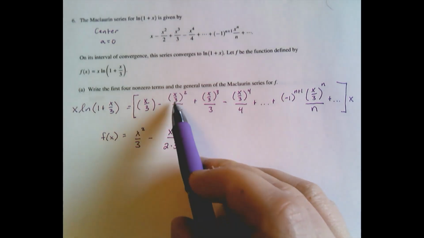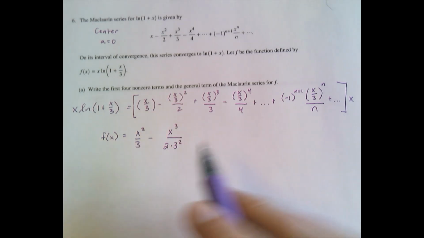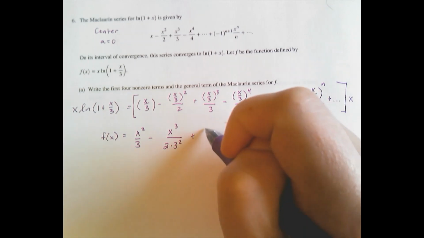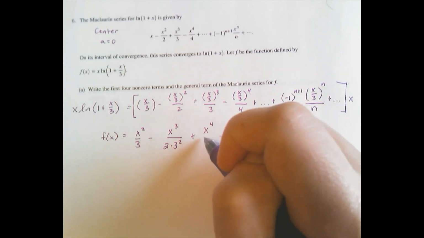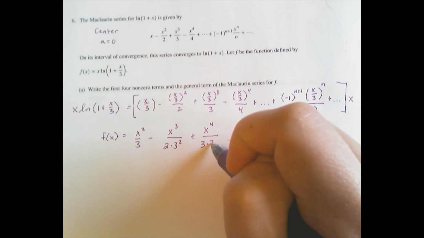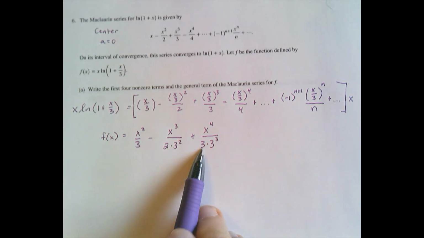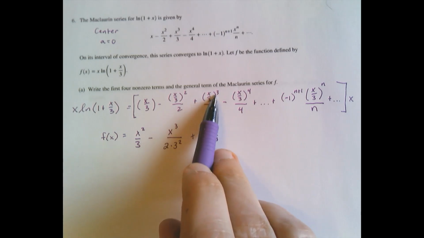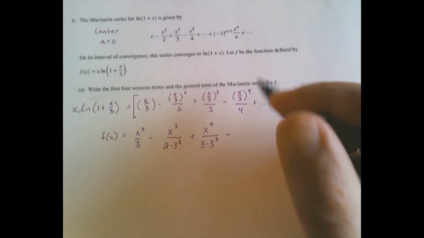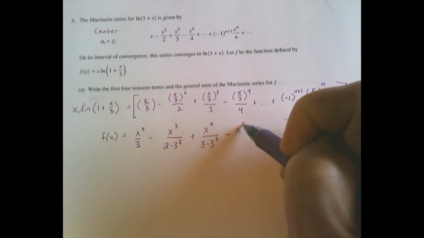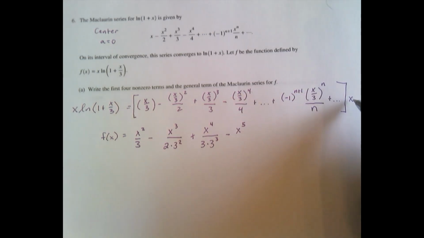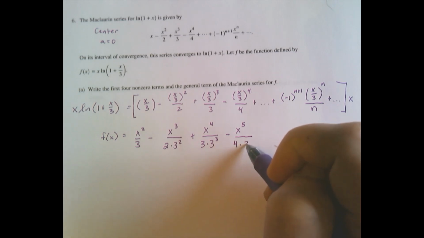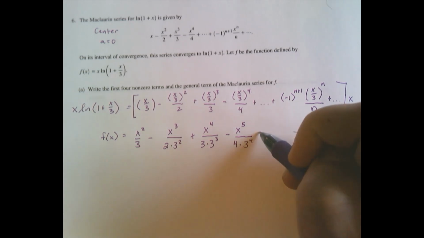That 3 squared is right there, the 2 is there. And then x to the third times x would be x to the fourth over 3 times 3 to the third. This 3 is that one, this 3 is that one to the third power. X to the fifth, there's 4 of them there and a 5th one there, over 4 times 3 to the 4th plus dot dot dot.